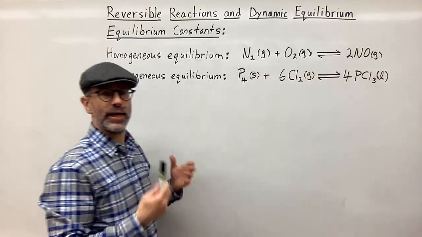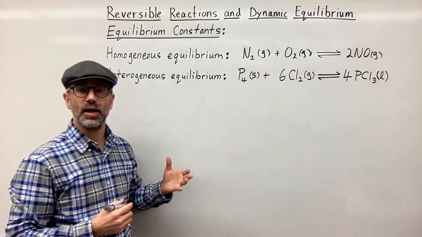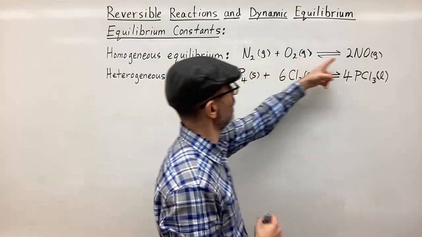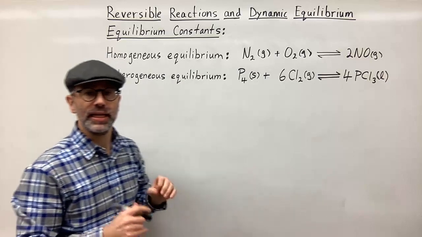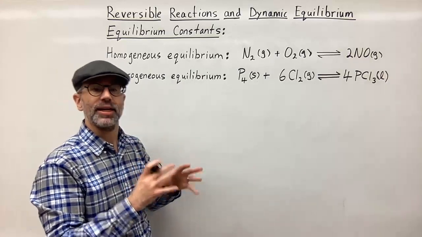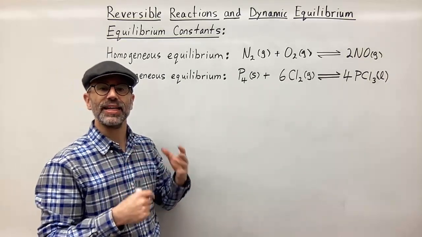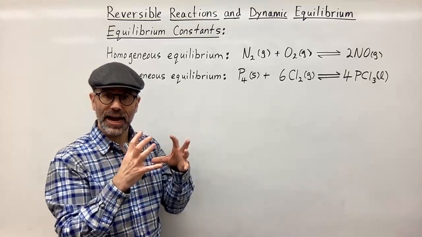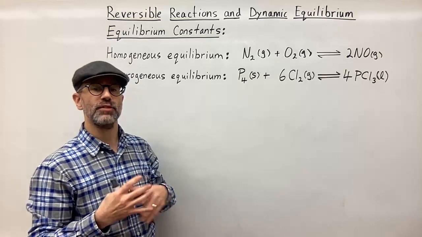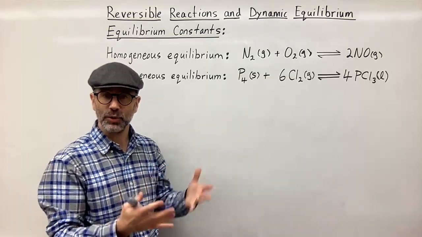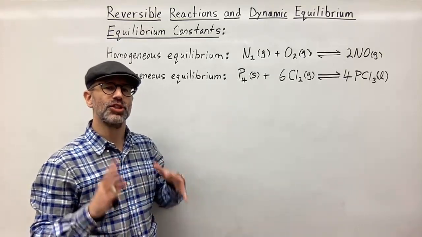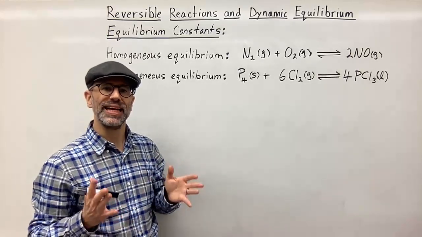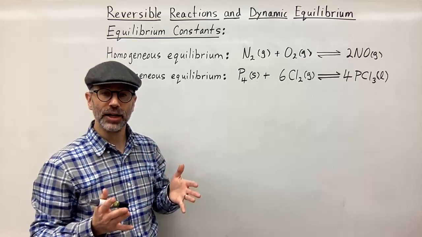So when I write the equilibrium constant expression, I can include all of these, because remember, the equilibrium expression includes anything that can change concentration. So you can change the concentration of a gas, you can change the concentration of something that's dissolved in water, aqueous, but solids and liquids don't really change their concentration. So their concentrations are going to stay constant throughout the reaction.